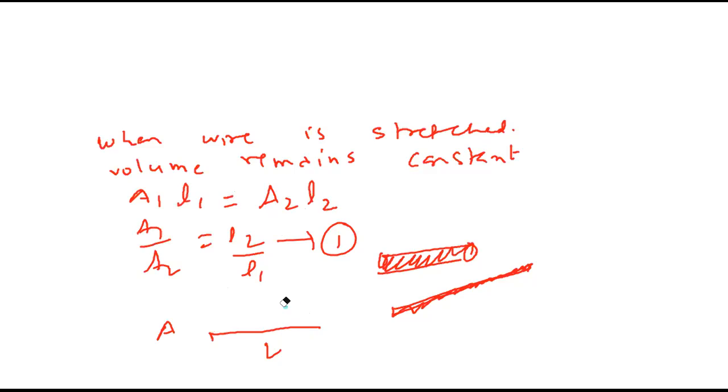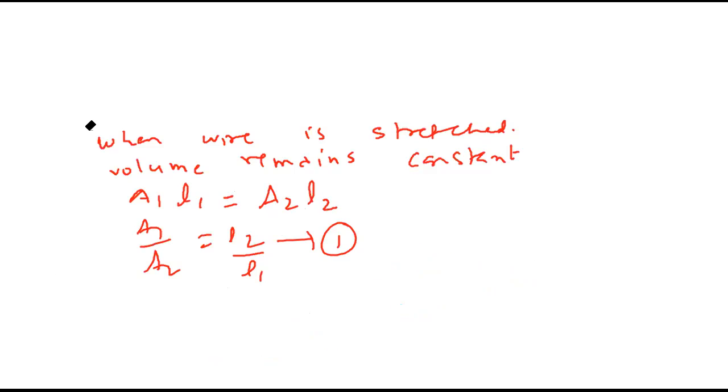Now, we are interested in resistance relation. So I know R is rho L by area A. When you take the ratio of R1 with R2, the rho of the same material remains the same, so L1 upon L2 into area inverted, A2 by A1.